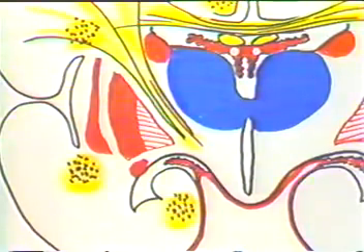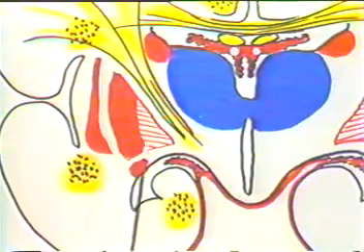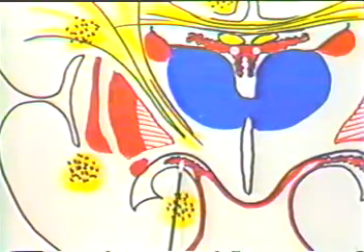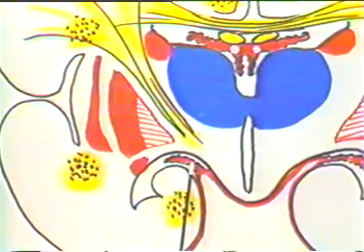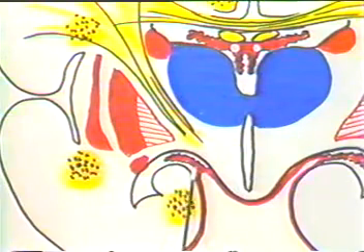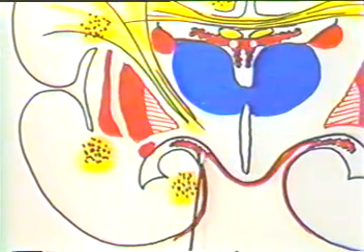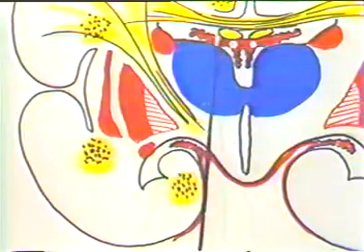There is a choroid plexus also in the temporal horn of the lateral ventricle. But at this point, the choroid plexus is continuous directly with the pia arachnoid surrounding the brain rather than with the tela choroidea, as up here.